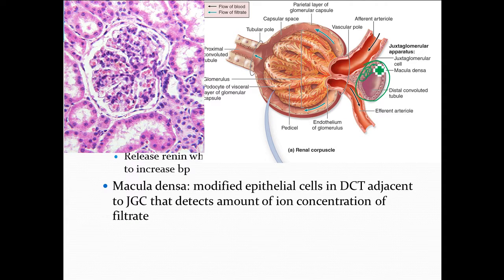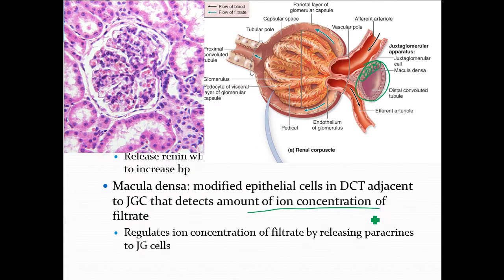Here are these specialized cells here called the macula densa. It detects the ion concentration of the filtrate. So it helps regulate the amount of filtrate that's going to go into the glomerulus by regulating the ion concentration of the filtrate. So it ends up releasing some paracrines to the juxtaglomerular cells.